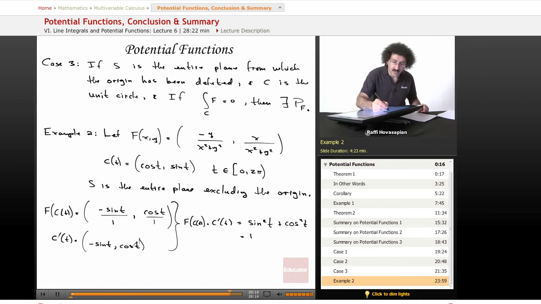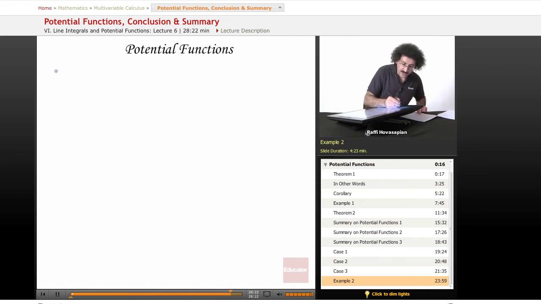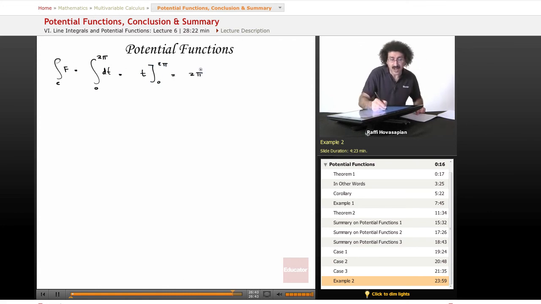So that equals 1. Now the integral of our vector field over our unit circle is equal to the integral from 0 to 2 pi of just 1 times dt, which is dt. And that's going to equal t from 0 to 2 pi, which equals 2 pi.